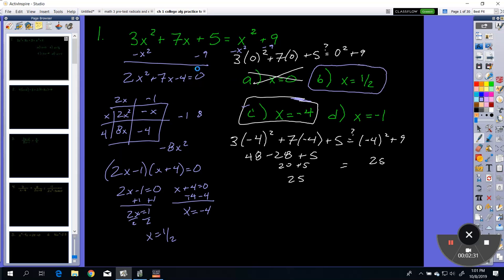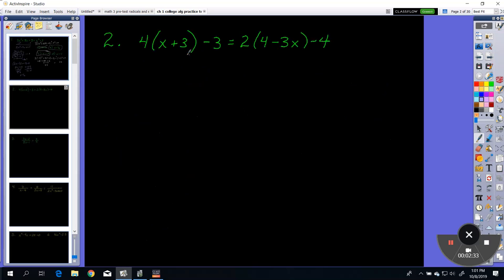All right, question number 2 on your pretest says to solve. So I distribute the 4 into both of those. So I get 4x plus 12 minus 3 equals 2 times 4 is 8. 2 times -3x is -6x minus 4. So I combine like terms. 12 minus 3 is 9.